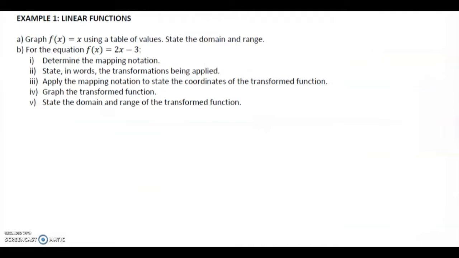Okay, example 1, linear functions. So we're going to graph f of x equals x using a table of values. That's the basic linear function, okay? In other words, as a reminder, the f of x notation is just the equation y equals x. And then we're going to state the domain and range for it.